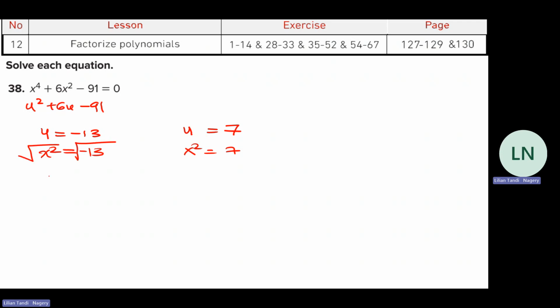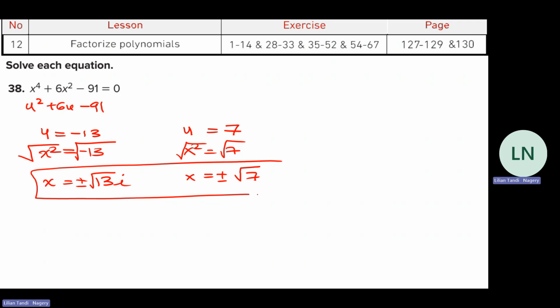Square root on both sides. x equals plus or minus 13i, but with the square root. Okay? And then same thing here. x equals plus or minus square root of 7. And here are your 4 roots.